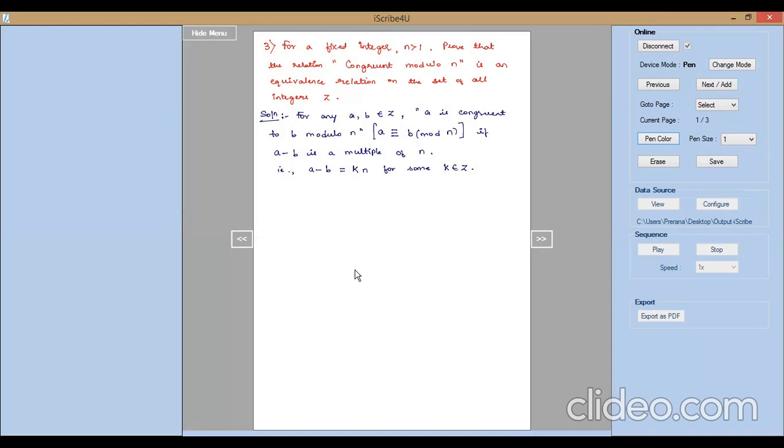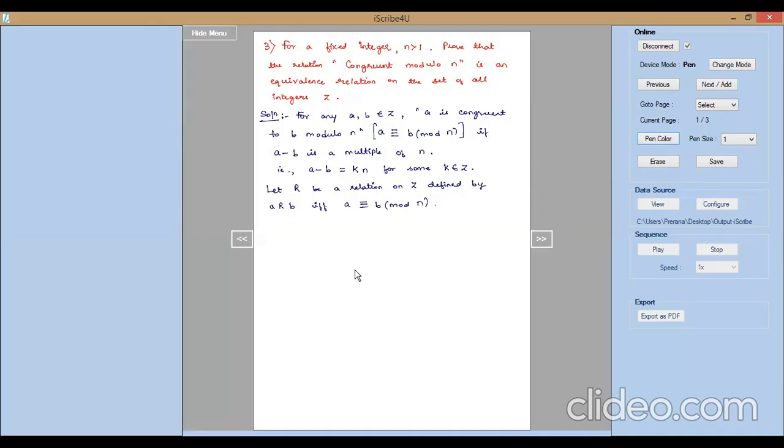So let us now relate it with the definition. We'll relate it for congruent modulo n on the relation R. So let R be a relation on Z defined by A is related to B if and only if A is congruent to B mod n.